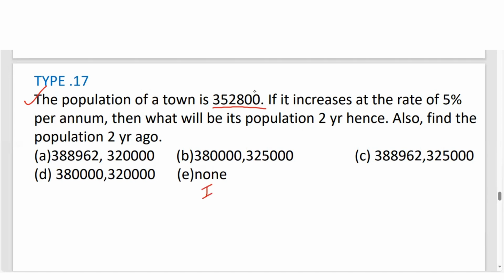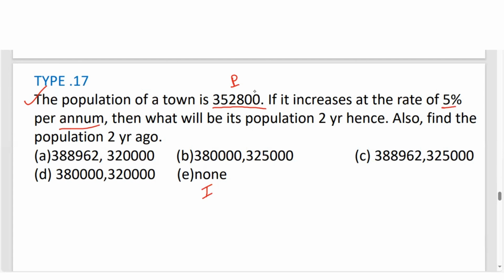The basic concept is: the population of the town is this, which is P. When you apply the amount formula, the rate of increase is given as 5% per annum, and we are finding the population after 2 years.